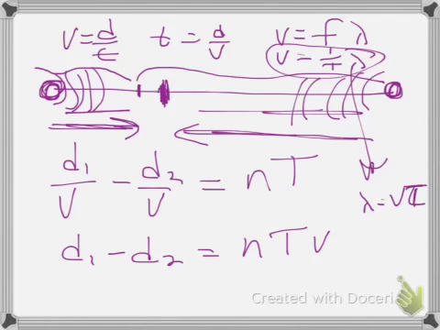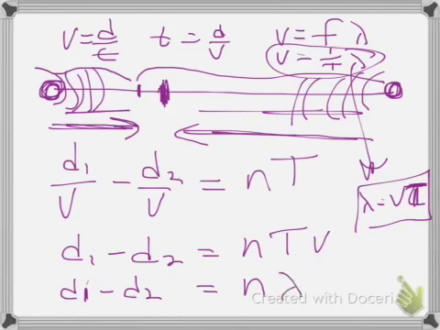All right, so we're going to rewrite this as d1 minus d2 equals n, and we're going to replace V times T, which is lambda, equals V times T. So taking that over to the next stage, d1 minus d2 equals n lambda.